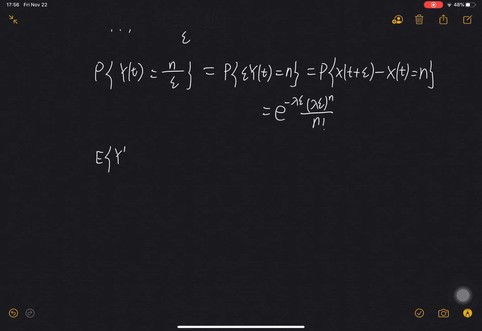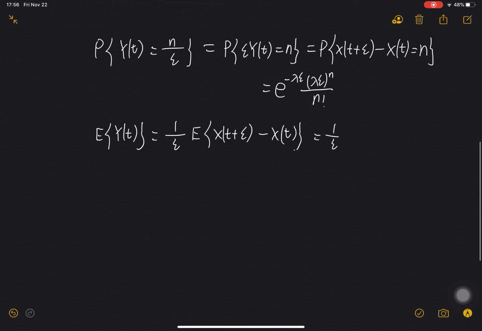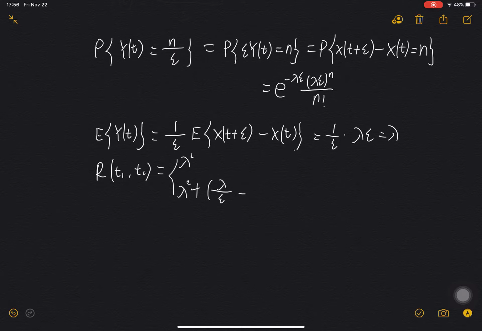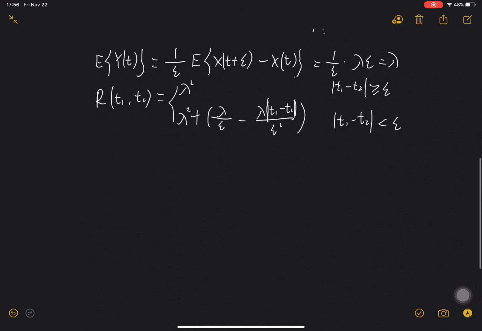Expectation of Y(t), which is lambda, and the correlation, this is under the condition that t1 minus t2 is smaller than epsilon, and this is under the condition that t1 minus t2 is larger than or equal to epsilon.